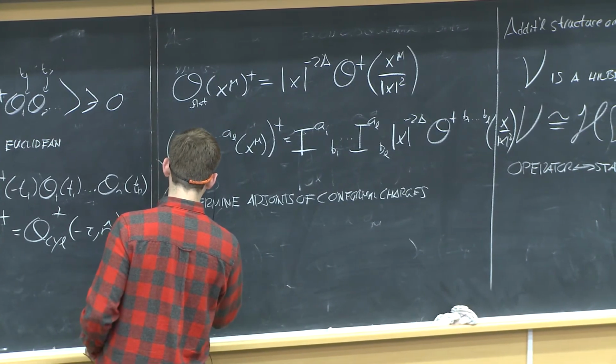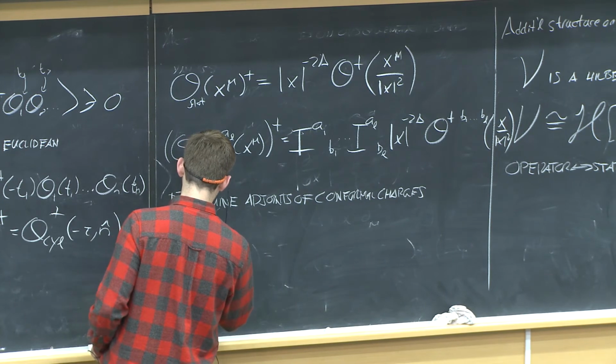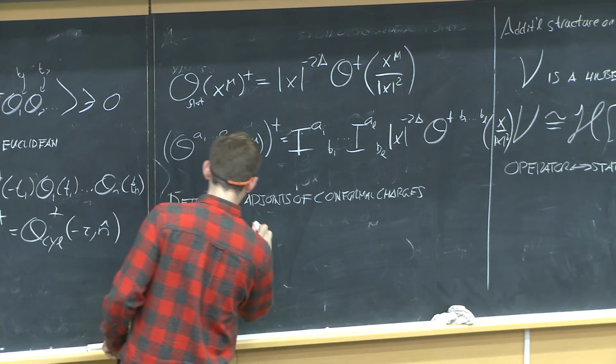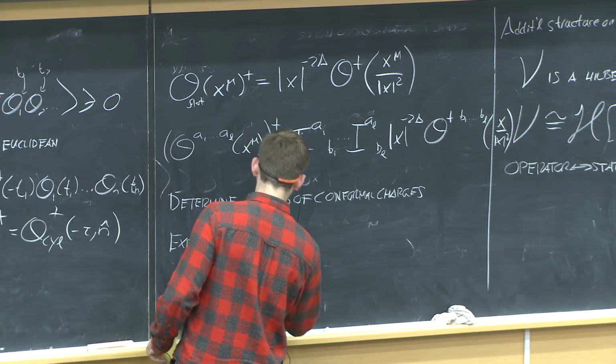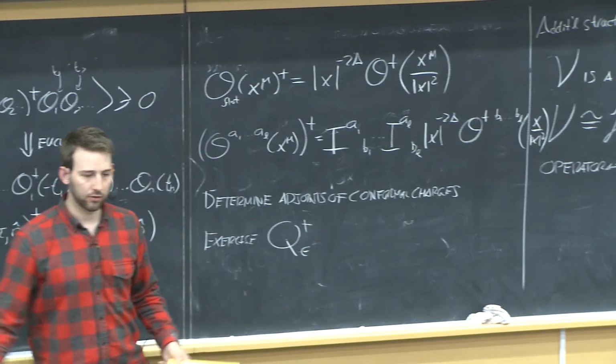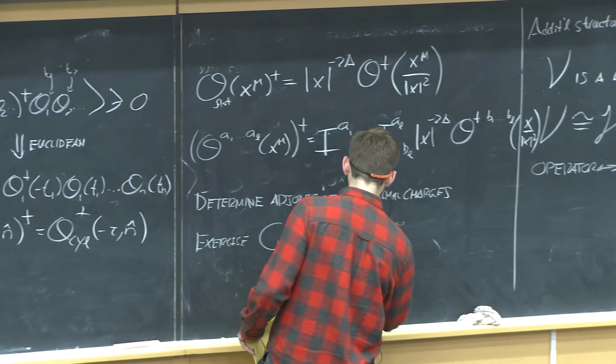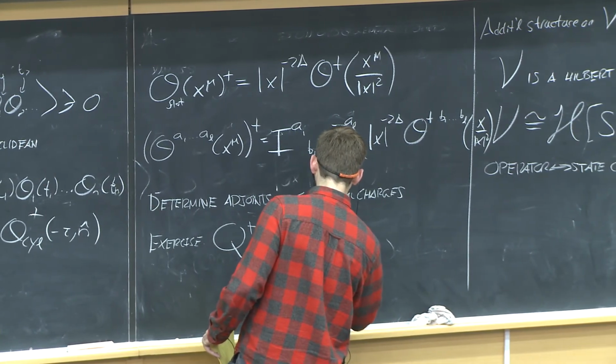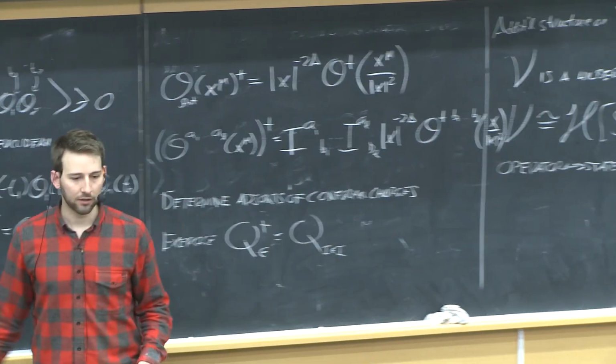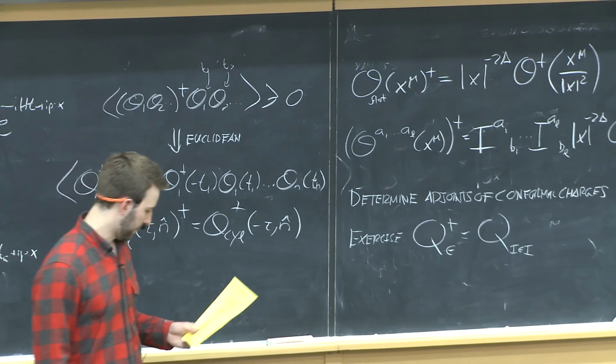And you can check that the adjoint of a charge associated to a conformal Killing vector epsilon is the charge associated to the conformal Killing vector that I get by conjugating with inversions.